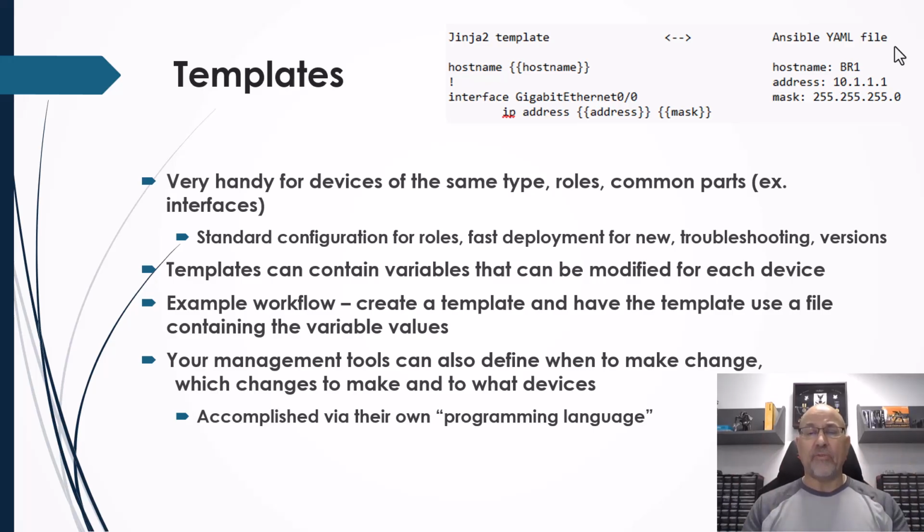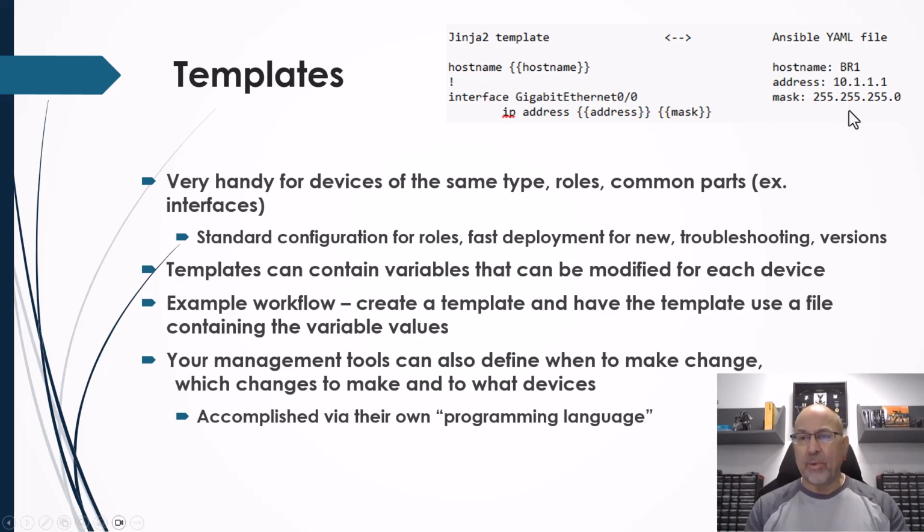So in the example above me here, host name, address, and mask are all examples of variables. And so now what you have is configuration files that fill in the variables for that. So this example is for use with Ansible. So this is a Jinja2 template, and that has the base configuration for all the devices in the same role, but the variables are filled in.